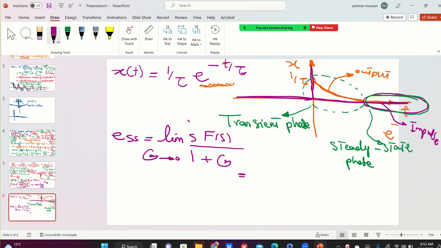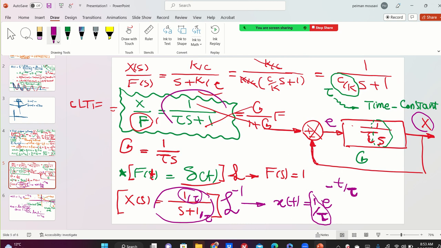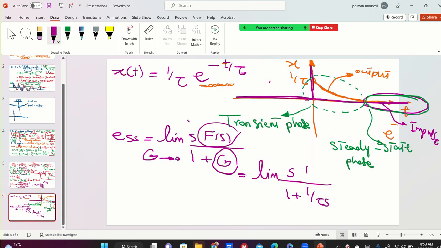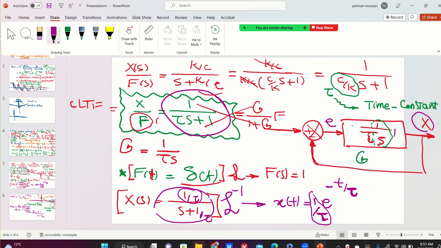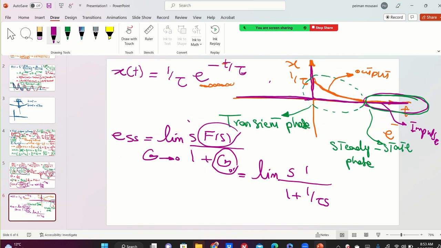Mathematically, this must validate this graph. So it's going to be the impulse, 1 over 1 plus 1 over tau s, the open loop transfer function. Don't put the closed loop transfer function here. Here must be the open loop transfer function. I'm emphasizing 1 over tau s. For any system, you have to do this, not only for the first order system, for linear control. See what I'm saying?